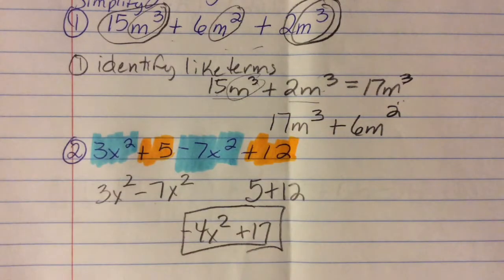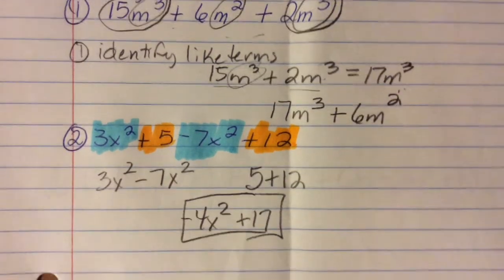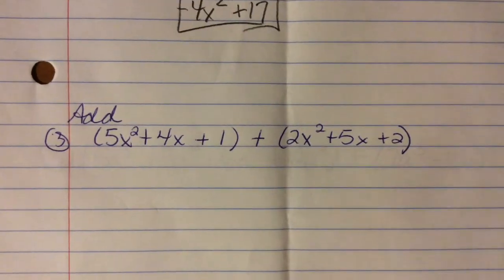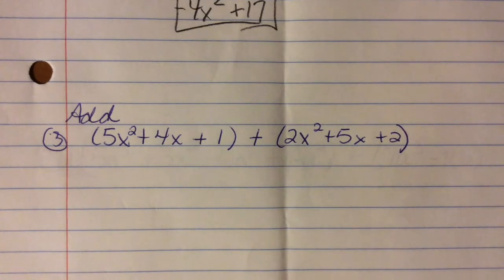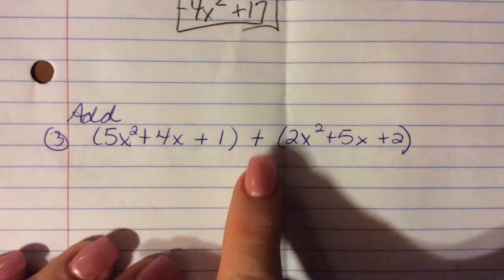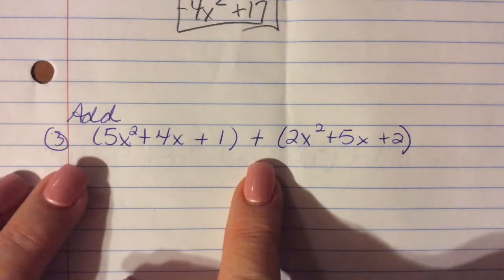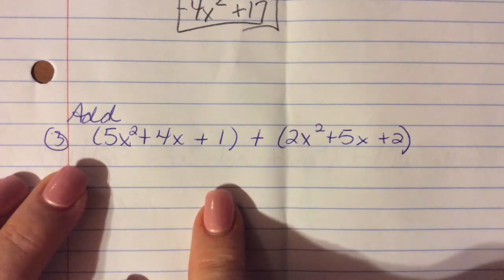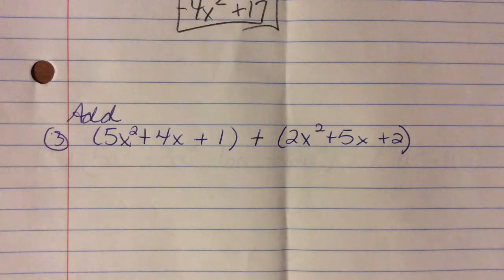Okay, so let's look at adding these. Okay, this is what they're going to look like. You will have two pieces together, either trinomials, binomials, polynomials, anything, and they're going to be added. Okay, so the same thing, just like we did up there, is that we're going to combine our like terms.